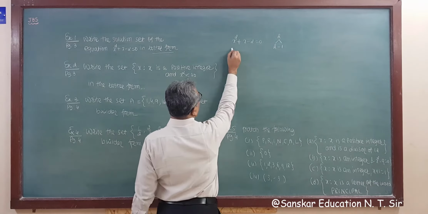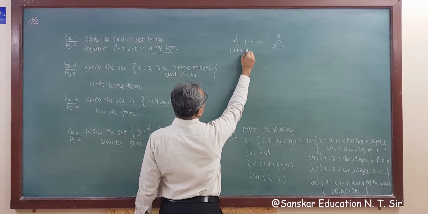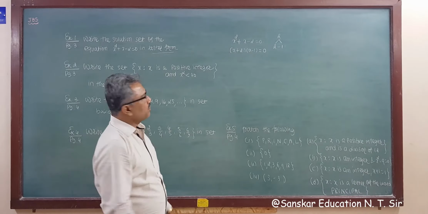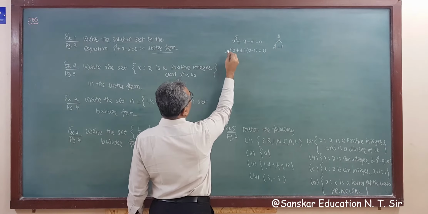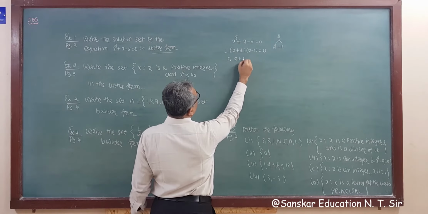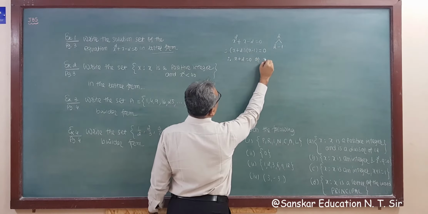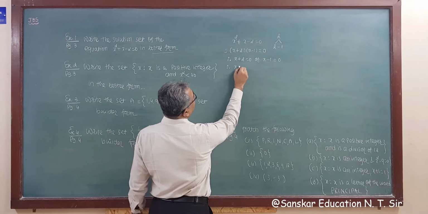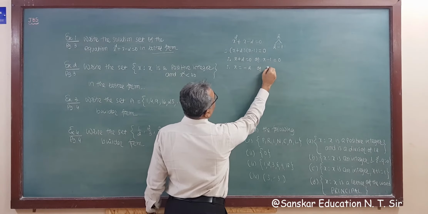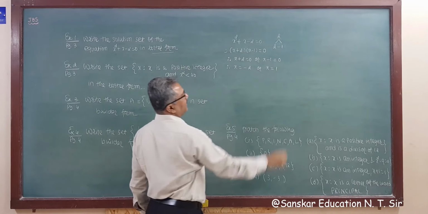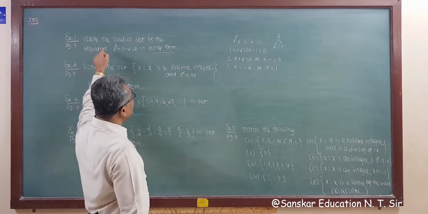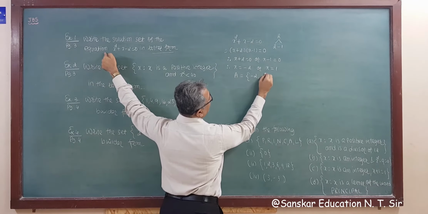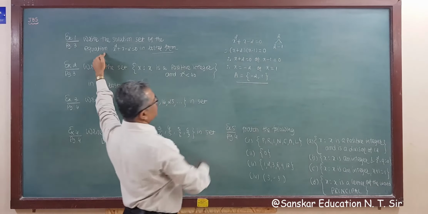So the factors are (x plus 2)(x minus 1) equal to 0. This means x plus 2 equal to 0 or x minus 1 equal to 0. That is x is equal to minus 2 or x is equal to 1. Right? So if we call this set A, then our answer will be {minus 2, 1}. So this is your roster form.